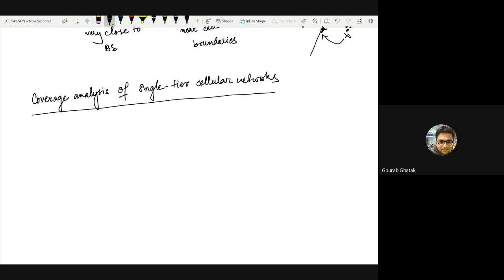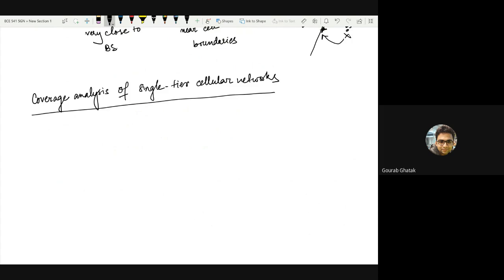So a couple of assumptions before we go ahead. We would assume that all the base stations in the network are distributed according to a Poisson point process. After today's class, I will upload a paper which is not very new.